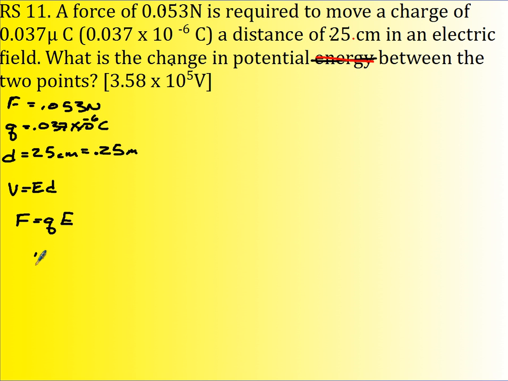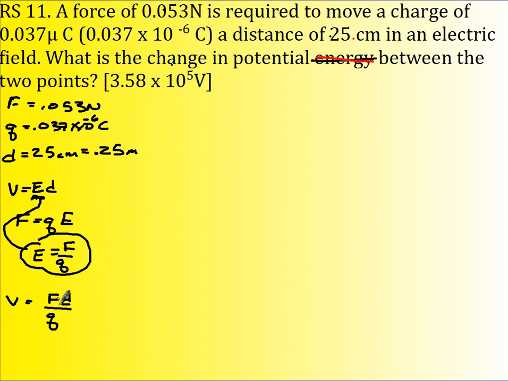So I'm going to solve this for E. E is F divided by Q. Now I'm going to take this E right here, and I'm going to plug it into this formula right here. So another way to write V is FD divided by Q.